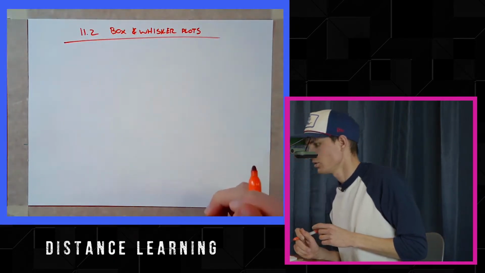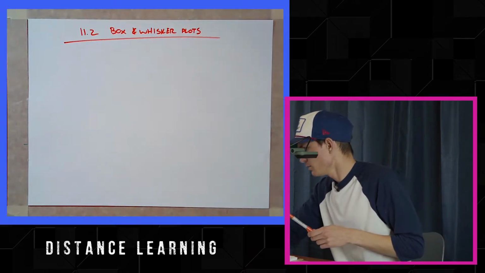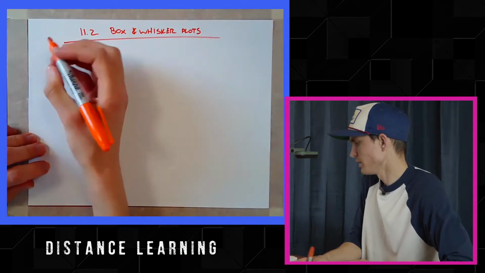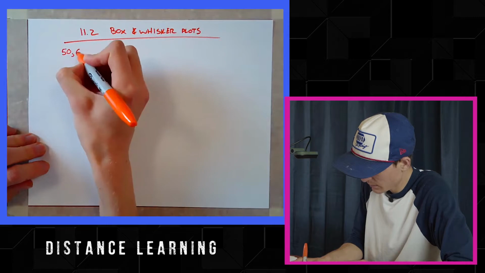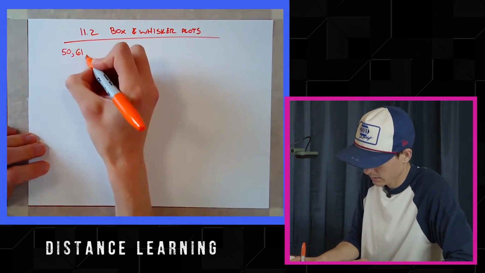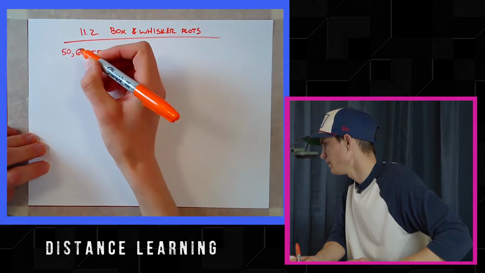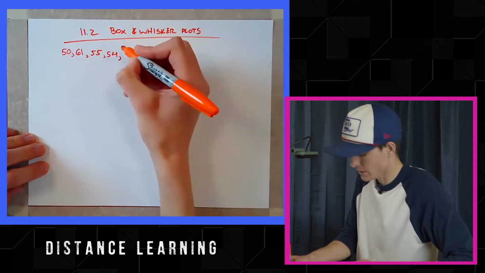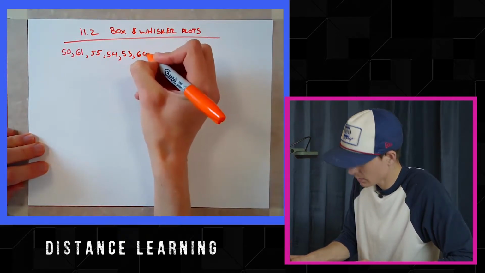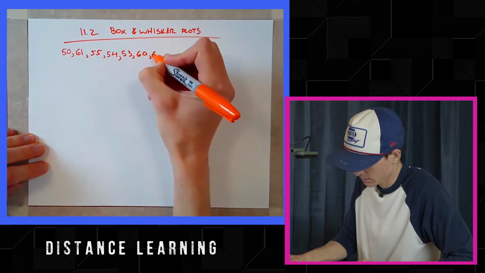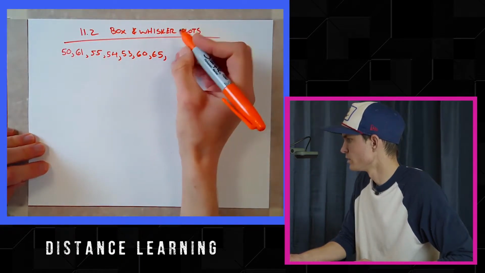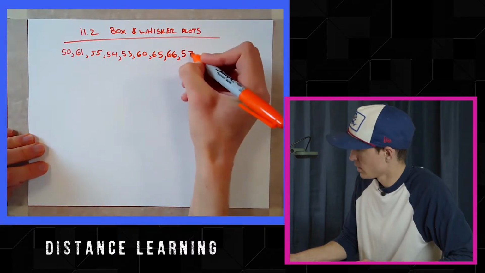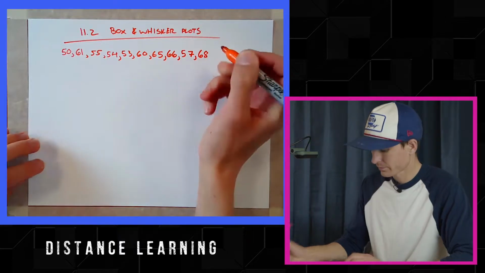Alright, so, what was the one I said I was going to do? Number 6 in your book gives you the numbers 50, 61, 55, 54, 53, 60, 65, 66, 57, and 68.